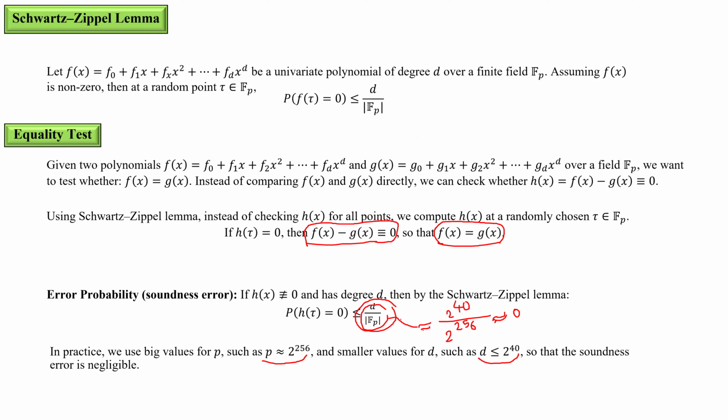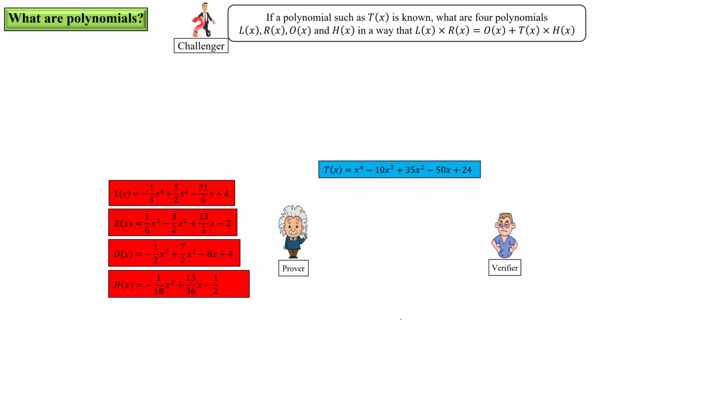Okay, now we want to use this equality test to improve the previous protocol that we discussed already. You remember that we had a polynomial like t of x. The prover claimed that I know the four polynomials, and then the naive protocol was to send four polynomials to the verifier.